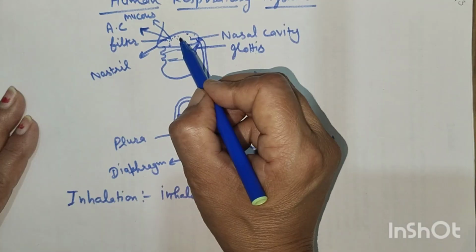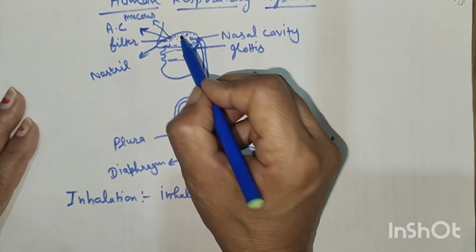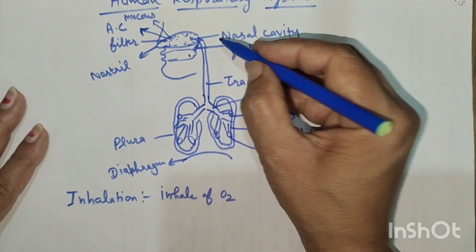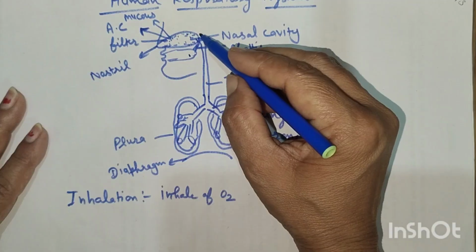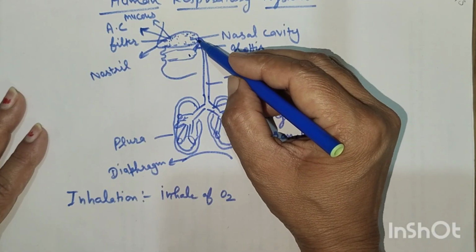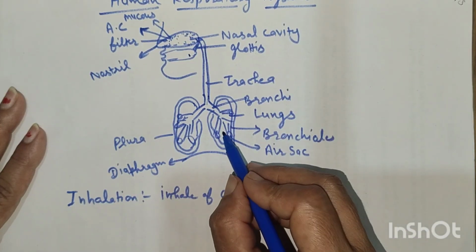The mucus protects the nasal cavity lining from hot or cold temperature and any other harmful substance, and then this air moves through the windpipe to the lungs.